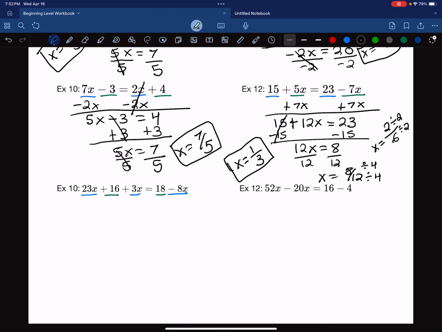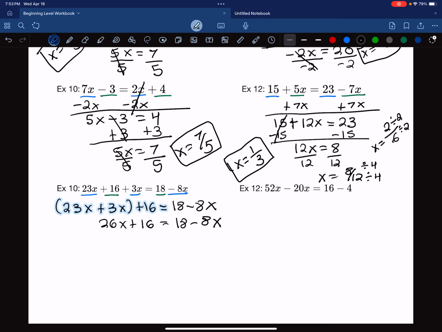In this case, all we have to do is combine this 23x and this 3x, and then bring that plus 16, and then we say equals 18 minus 8x. Once we combine, 23x plus 3x equals 26x. And we're going to say plus 16 equals 18 minus 8x.